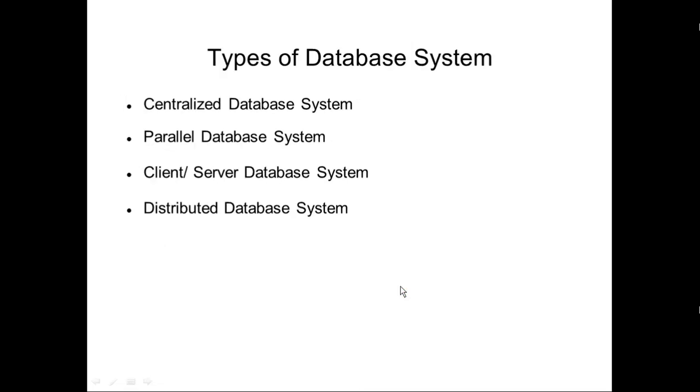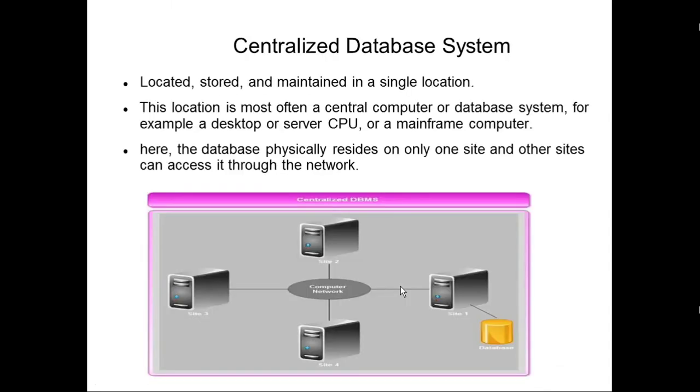Now we will see the next topic, that is different types of database system. There are basically 4 types: centralized database system, parallel database system, client server database system and distributed database system. Now we will see one by one. First is the centralized database system. As the name suggests, everything is stored centrally.